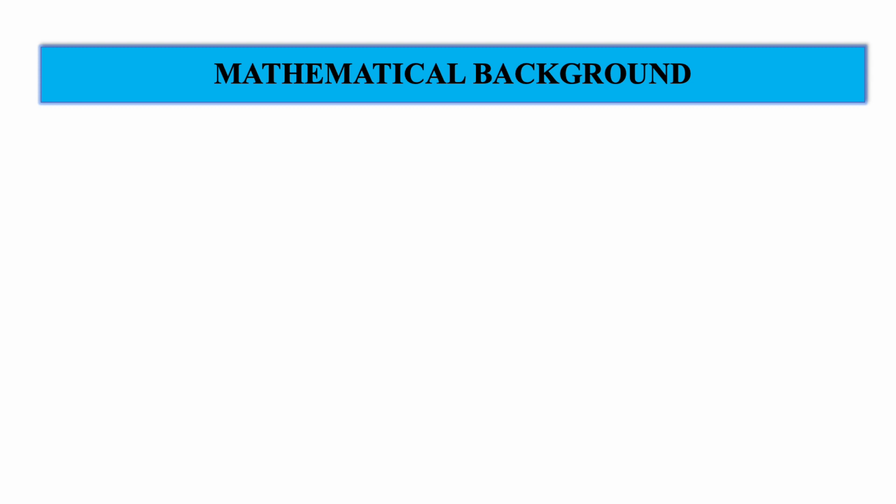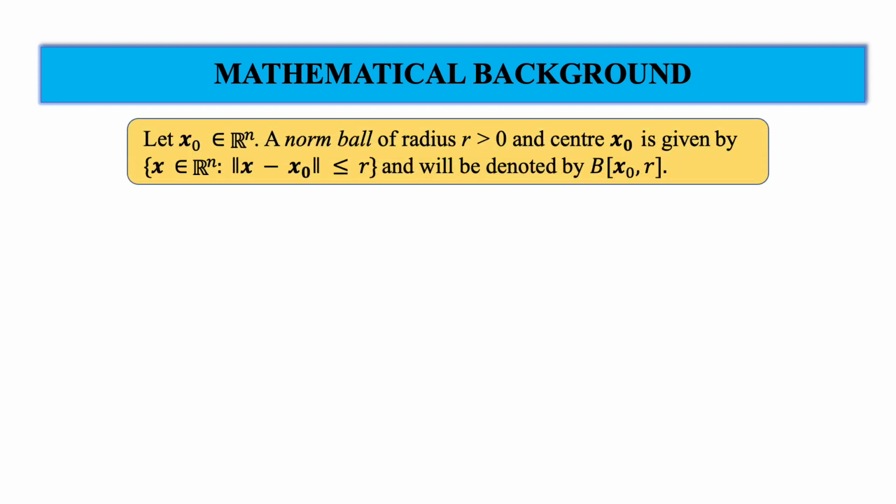So now we define a norm ball. A norm ball of radius r greater than 0 and center x0, where x0 is a point in Rn, is the set of points which are at a distance at most r from x0.